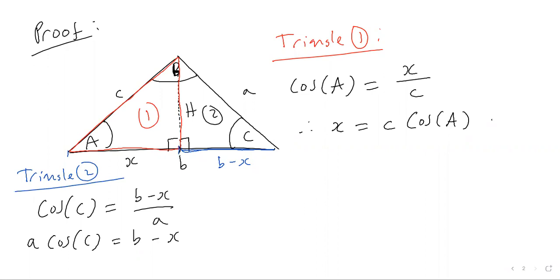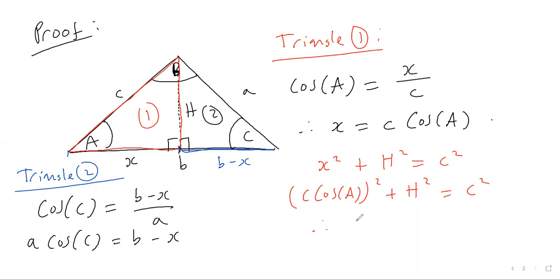Okay, if we go back to triangle 1 then, let's use Pythagoras to find the height of this triangle. So remember, a squared plus b squared equals the hypotenuse squared. So we've got x squared plus h squared is equal to this hypotenuse c squared. So that means then we know that x is c times cos A. So you've got c times cos A all squared plus h squared is equal to c squared.